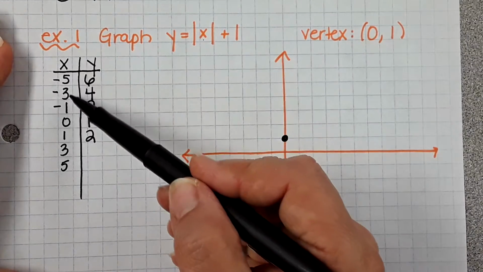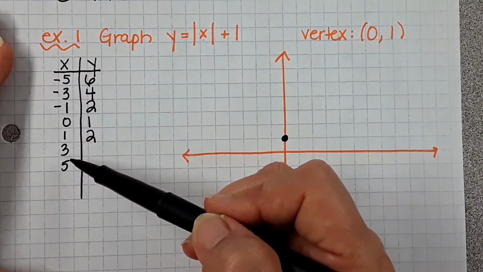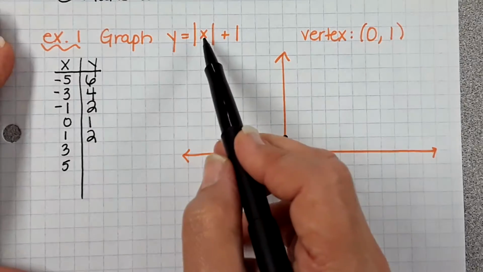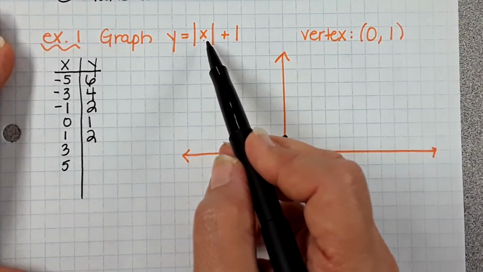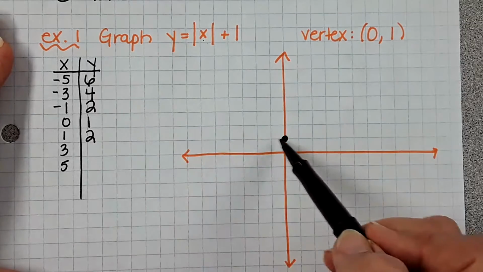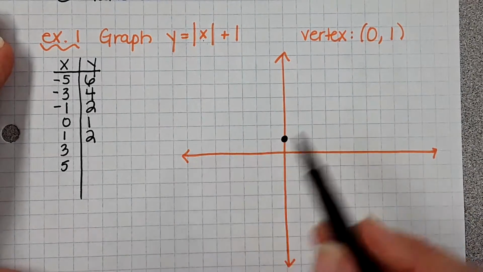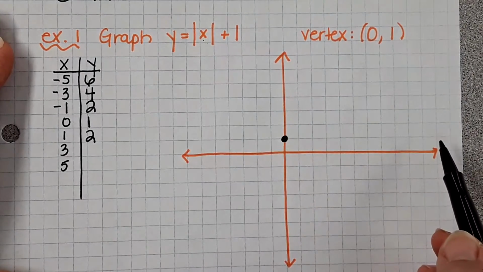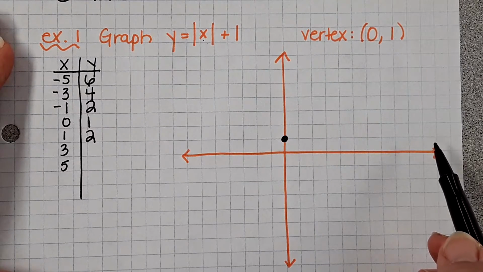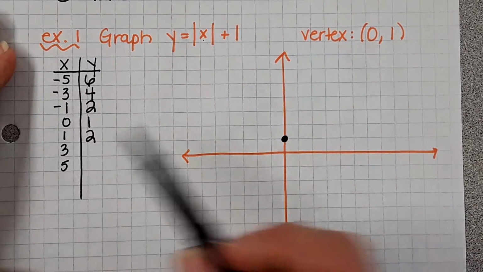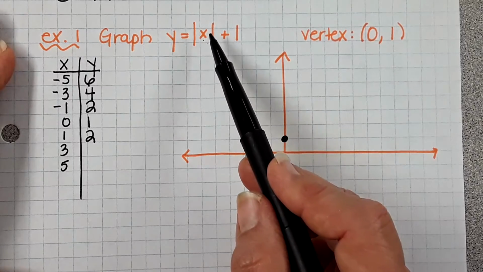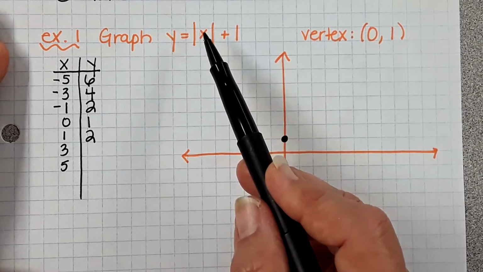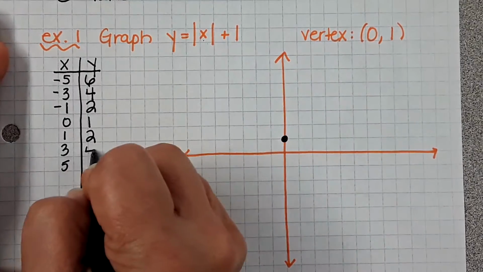So see the x's? I picked the x values. I just picked them. And now I'm taking them and I'm putting them into this equation. I picked some numbers to the left of the vertex, and I picked some numbers to the right of the vertex. Just random. Okay, now I'm going to plug in 3. What is the absolute value of 3? 3. 3 plus 1 is?